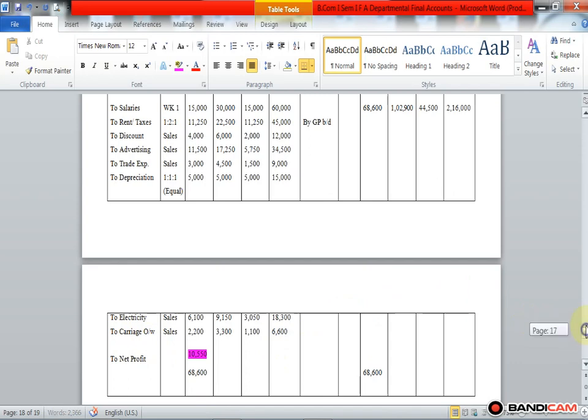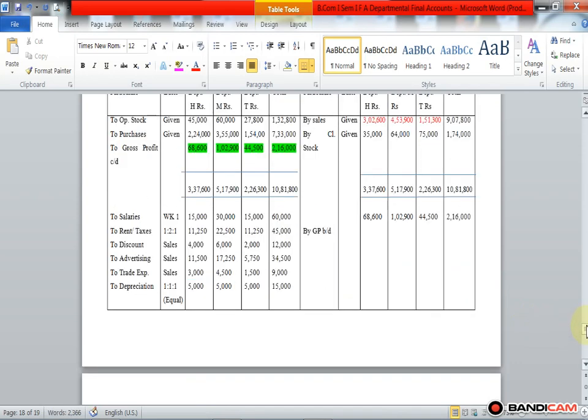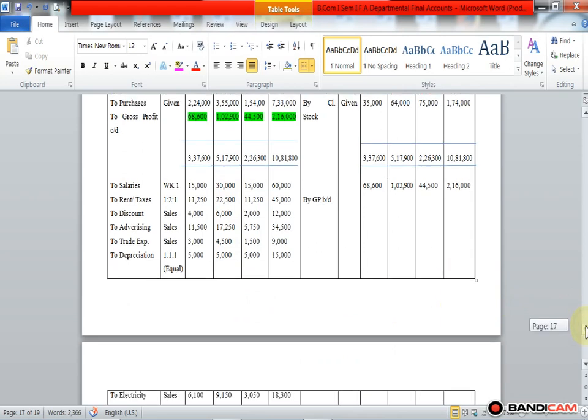Now we make the total of department M. Here make the total of debit side.